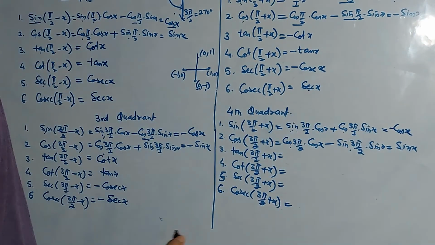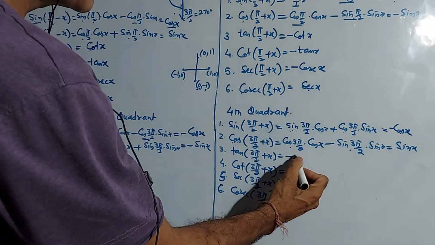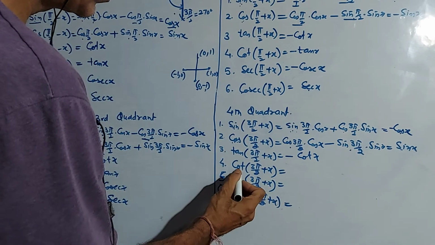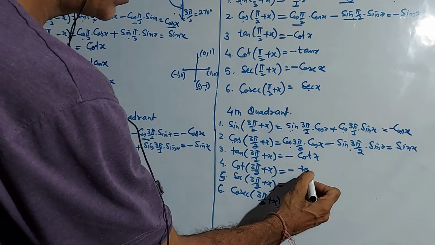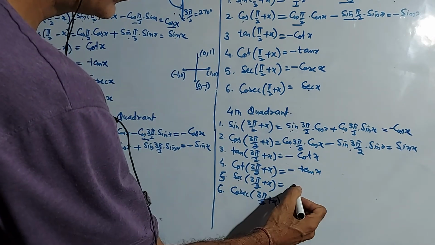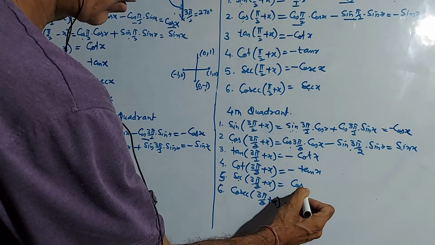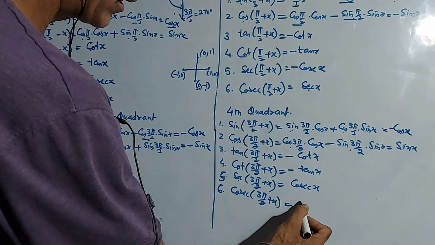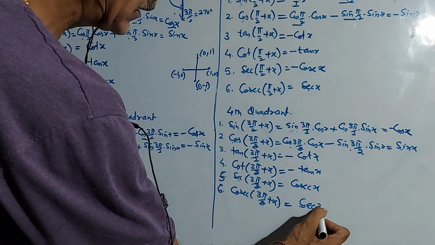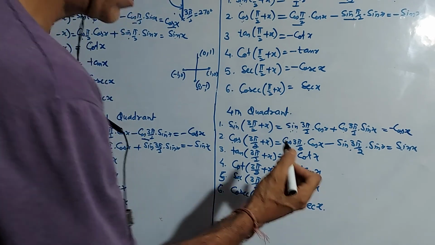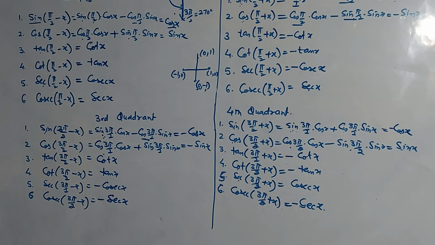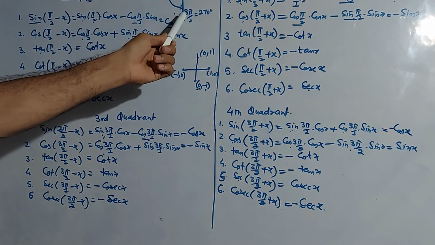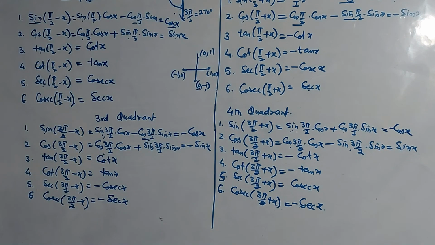Because of these two, tan will be minus cot x, cot will be minus tan x, secant x will be plus cosecant x, and cosecant x will be secant x, but with a negative sign. So these are the important values of the t ratios on this line, 90 plus and minus, 270 plus and minus. So these are the values.